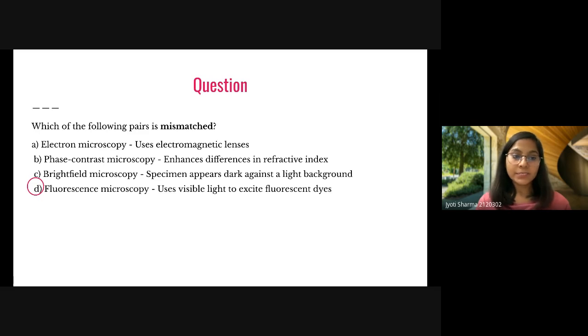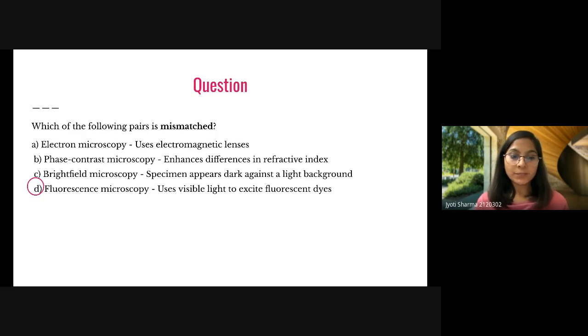If we are using the electron microscopy, then we use electromagnetic lens. In phase contrast microscopy, the principle is we have different refractive index, and exploiting that difference in refractive index, we can have phase contrast microscopy. In bright field microscopy, the specimen appears dark against a light background.